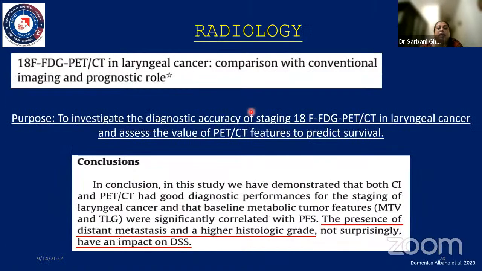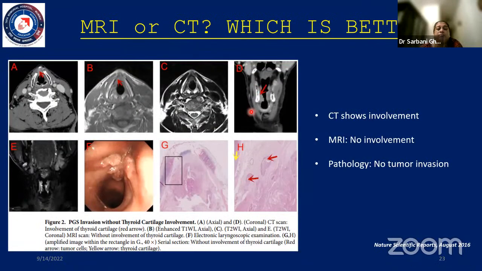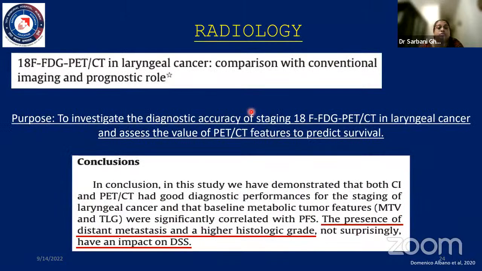So if you look at what is better, PET CT, CECT or MRI, most studies say that for the run-of-the-mill cases, a CECT should suffice, but when there is any doubt about early erosion of the cartilage, early erosion into the paraglottic spaces, or early extralaryngeal extension through the soft tissues, an MRI may be helpful and give you added advantage over a CT scan, but in most cases, otherwise the CT scan should suffice.